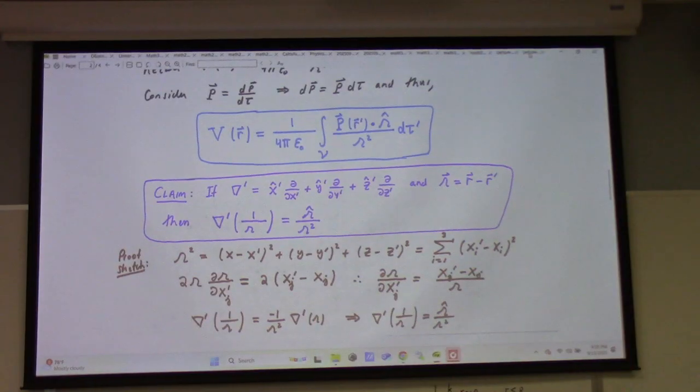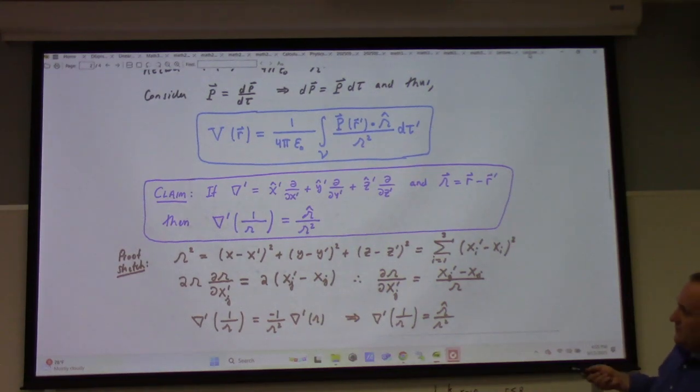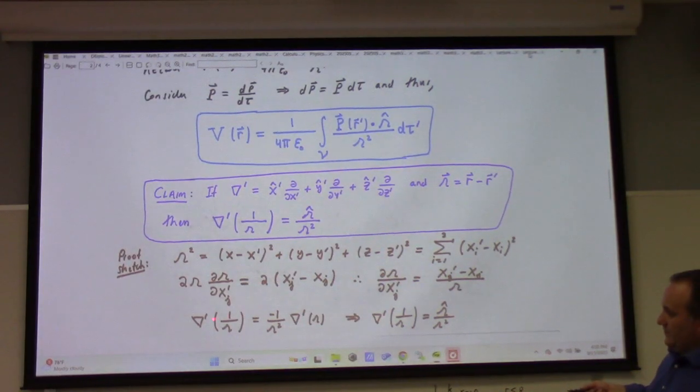First of all, we need to tilt our head and squint and realize that if we look at r squared, we can write it like this or like that. Then if you calculate the partial derivative with respect to the prime variables, you get this. That gives me that the gradient of 1 over r is like this. And a little bit more math implies that the gradient prime of 1 over script r is just script r hat over script r squared.